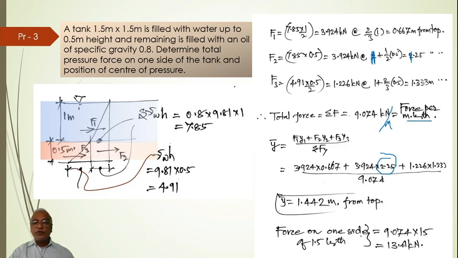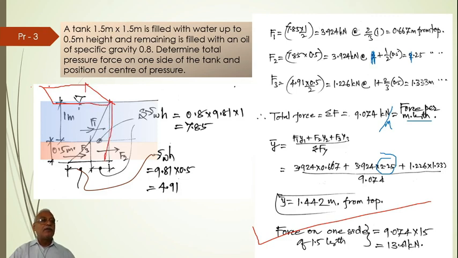Okay. Now force on one side of the wall. This is to be understood properly, right? So this is an important part. Force on one side of the wall. The side of the tank is 1.5 meter, because the tank is like this. Let's say you can imagine this is a tank.